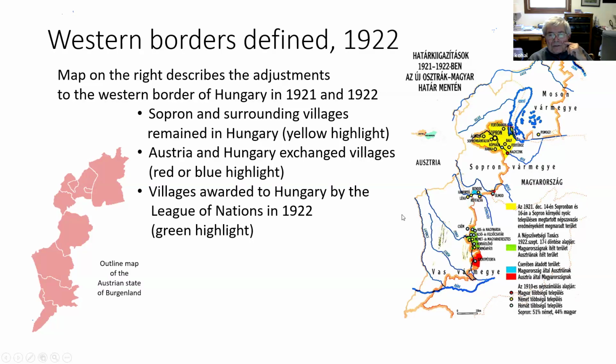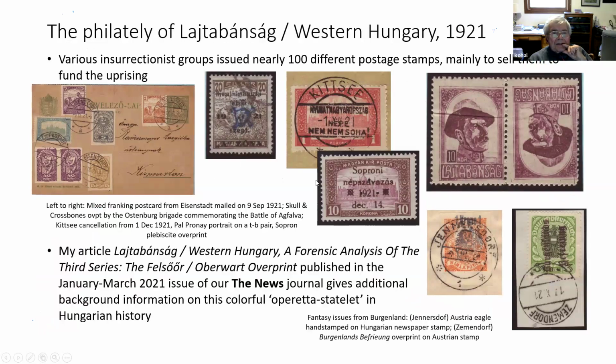So it wasn't until 1922 that the western border of Hungary was finalized, or the Trianon border. And the philately of Lajtabánság is very interesting. It's a kind of a fun area. Considering it in the 3-month time frame, over 100 different postage stamps were issued by the insurgents, basically to raise money for the uprising.